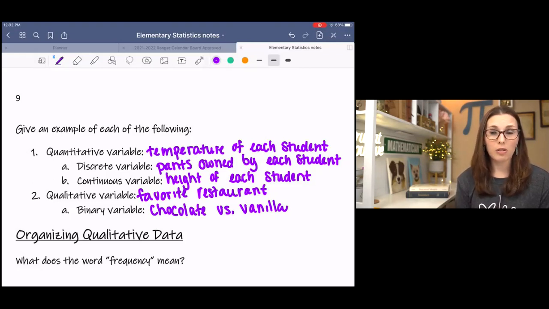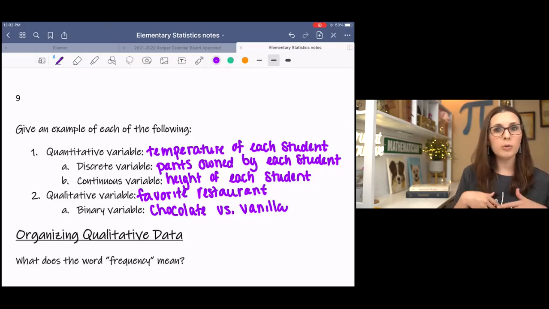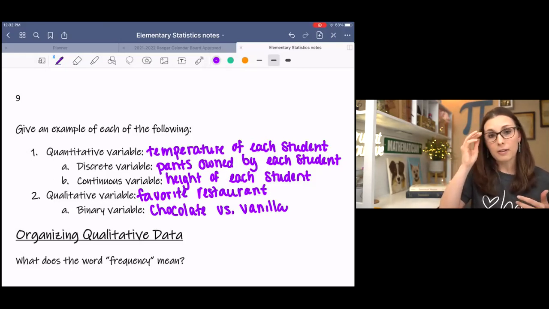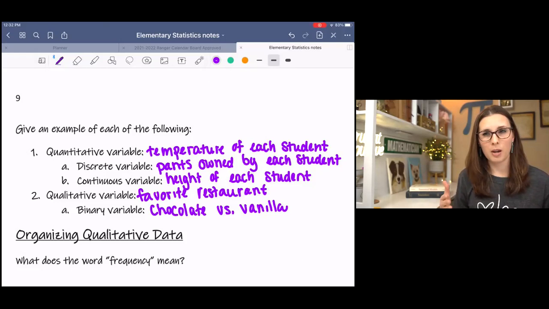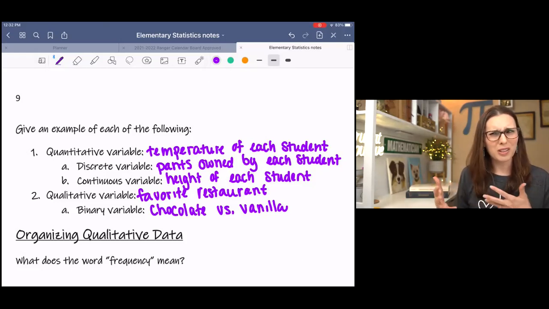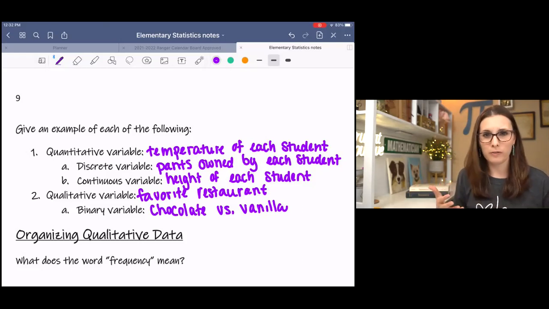But basically the question comes down to, if I took the mean, the average of this data set, zip codes, and I got a numerical answer, does that numerical answer make sense to the problem? So if I gathered everyone's zip codes and I found the average of all the zip codes, I'm going to get an answer, but that answer doesn't really give me meaningful information.